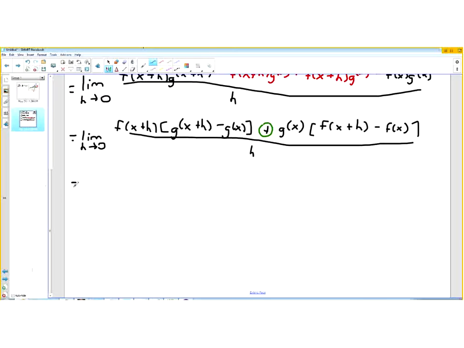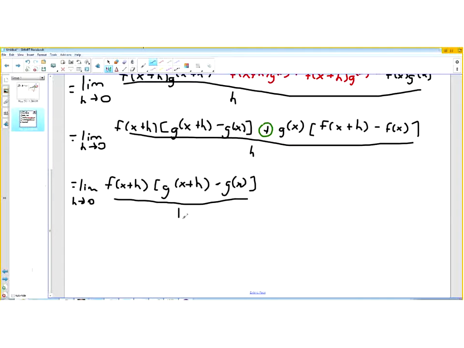In doing so, I'll have the limit as h approaches 0 of f of x plus h times g of x plus h minus g of x, all divided by h, so I'm splitting.